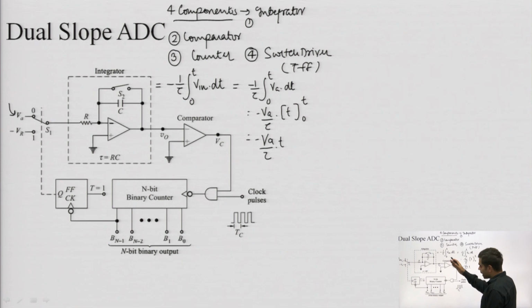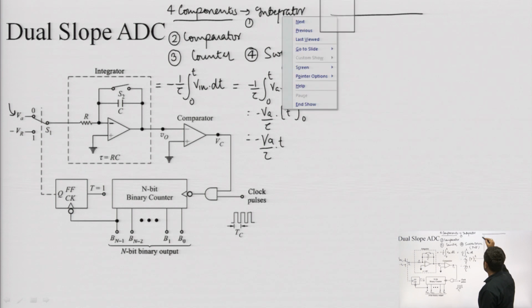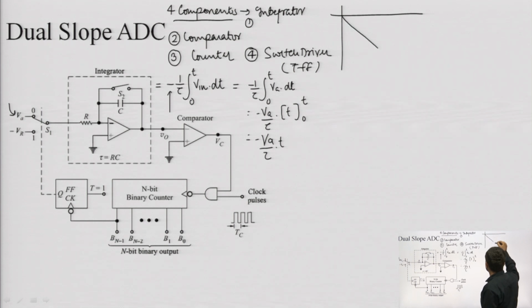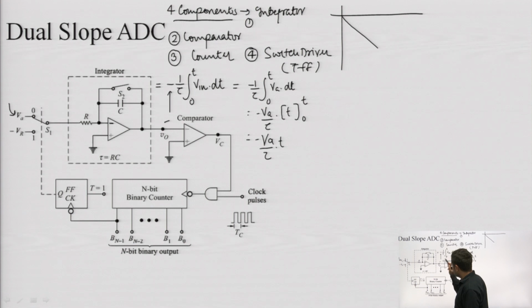Now as the time passes, from 0 to t, this value, as there is a negative sign, will keep moving in the negative direction progressively. So there is a negative value here and the positive terminal is grounded.